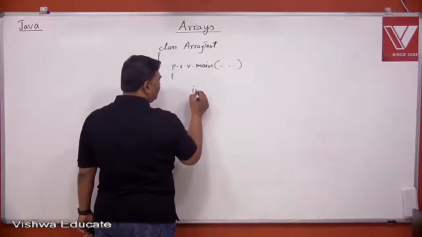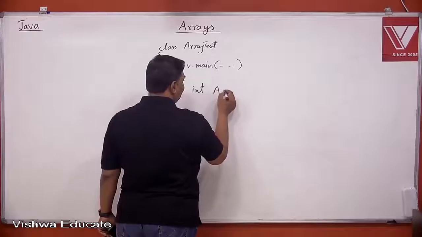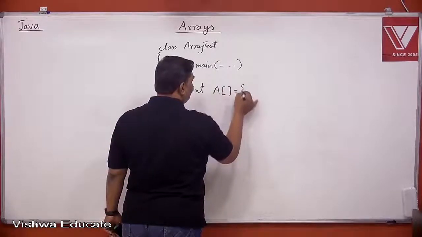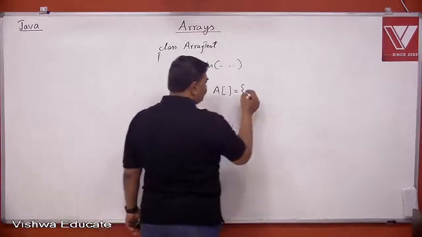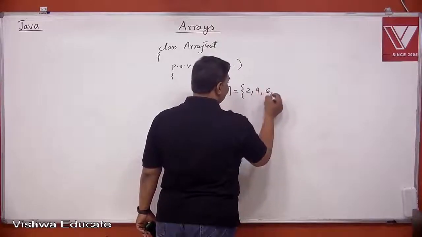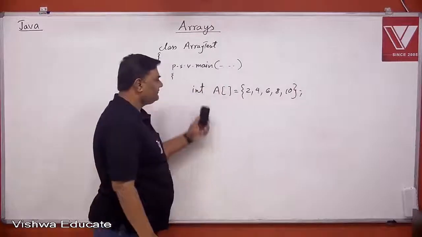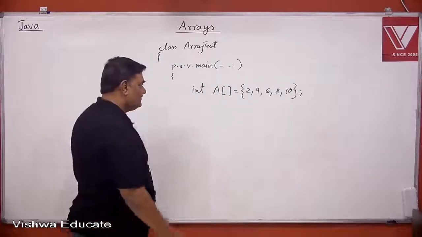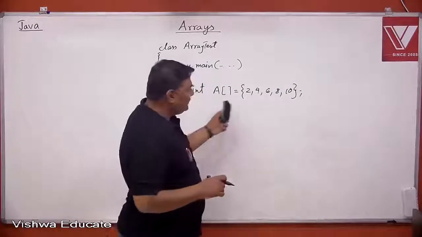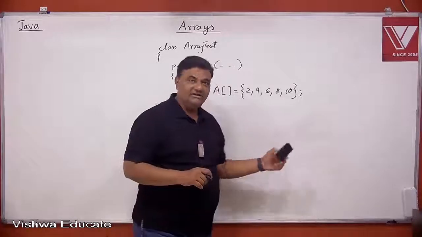Now, here I will declare one integer array a, and I will directly initialize the elements 2, 4, 6, 8, 10. The array is created. Then I want to display all the elements of the array.